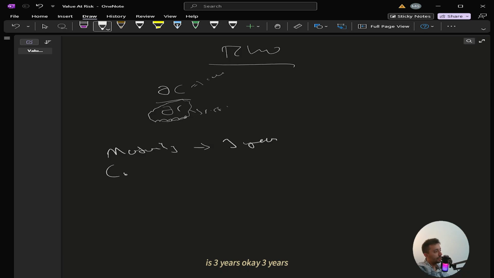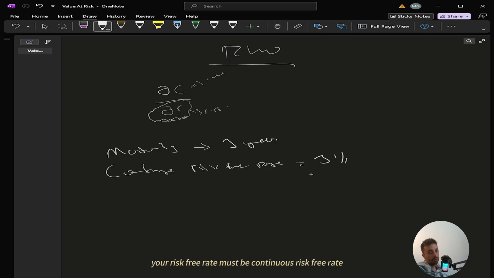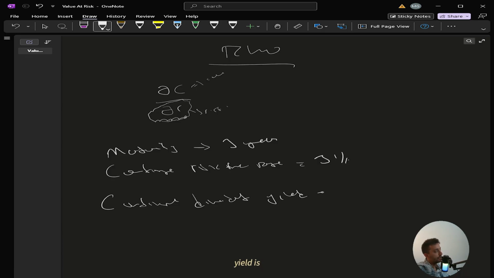The continuous risk-free rate is 3%. Always your risk-free rate must be a continuous risk-free rate. The continuous dividend yield is 2%.